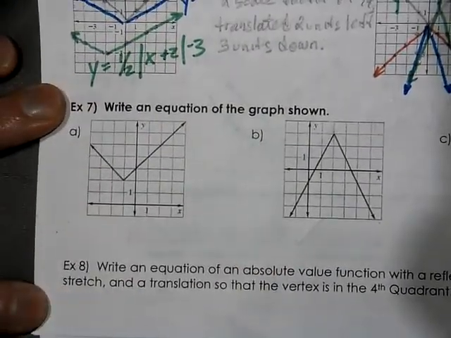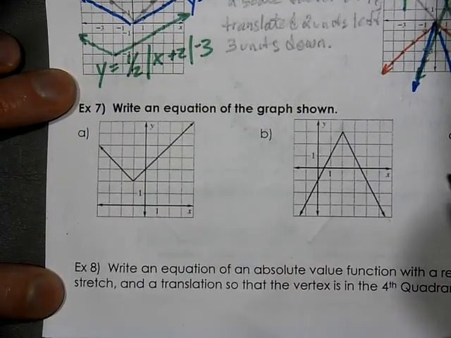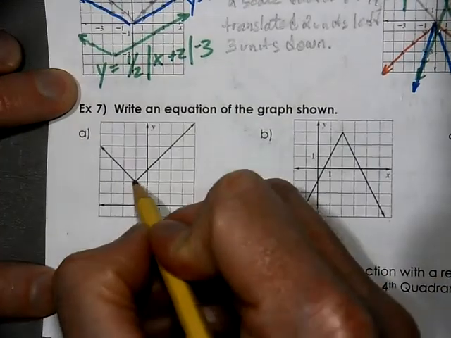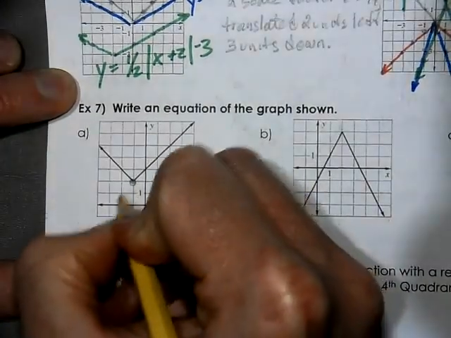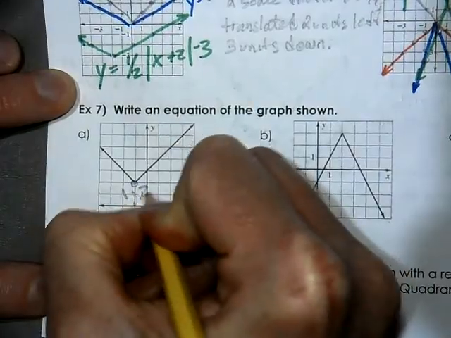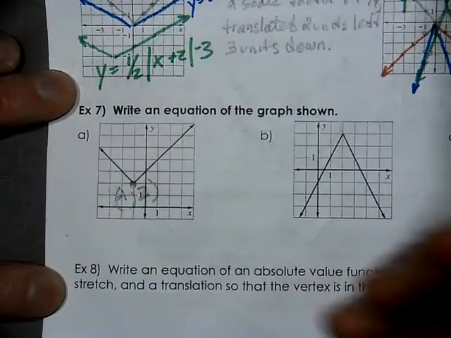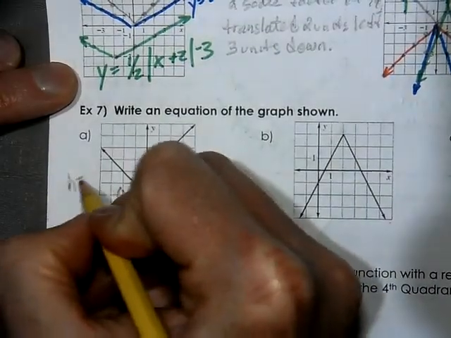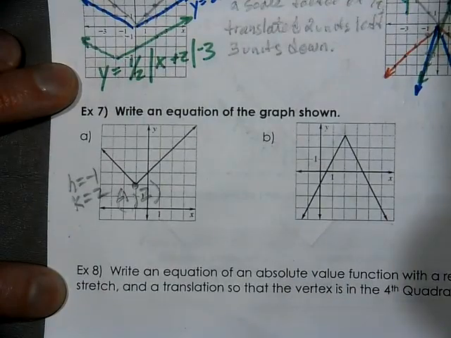Now we're supposed to write the equation of these absolute values. So let's take a look at where this vertex is at. It's 1 to the left and 2 up. Actually, -1, right, because it's to the left. So your h value is -1, your k value is 2.